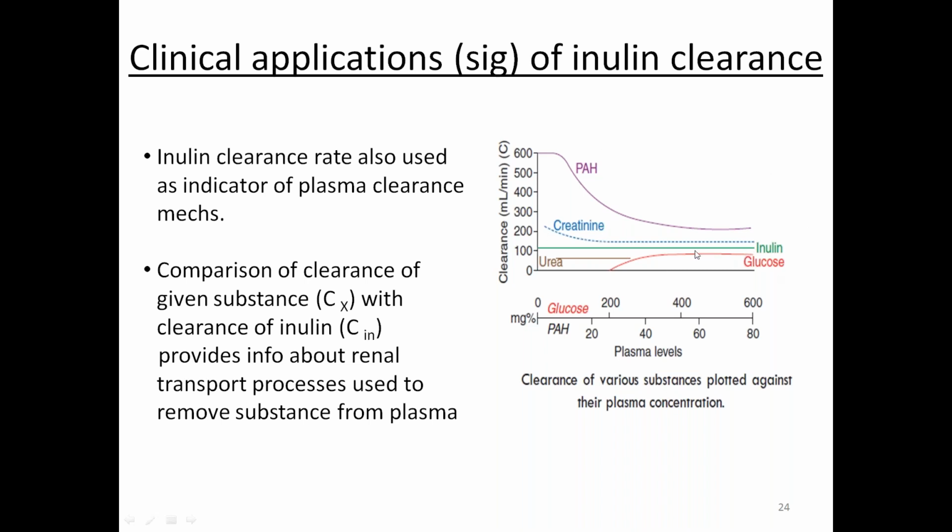So you might get this graph minus the names of these substances. So you need to know what the graph of each substance is, what trend it follows, so that maybe you are required to put the names in this graph and complete it. Okay, so please get clarity of this diagram.